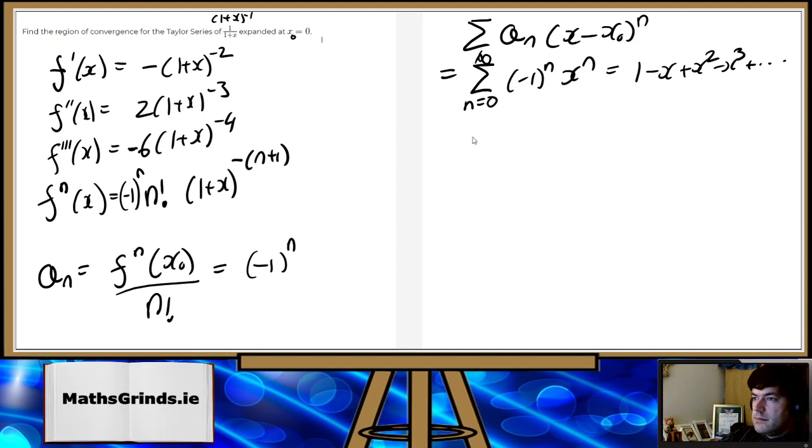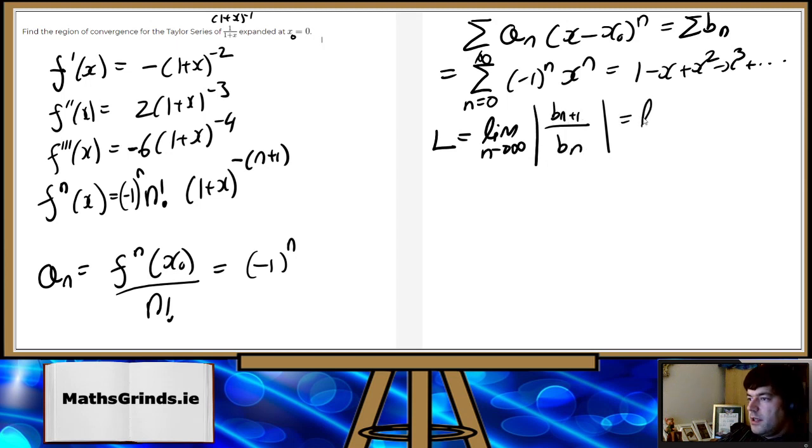Okay, let's see what the convergence is. We'll calculate the limit as n goes to infinity, and we'll look at the ratio here of neighboring terms. If I call that the sum of bn, it's bn plus 1 over bn. So that would equal the limit as n goes to infinity of minus 1 power n plus 1, x power n plus 1, over minus 1 power n, x power n.